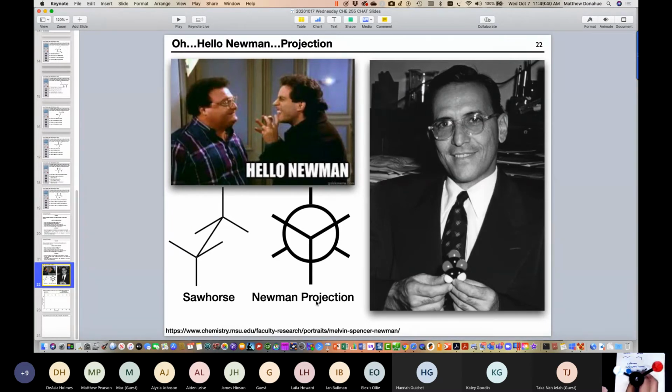And so what I'm showing you now is a model of just ethane, or maybe what I can do. So this might be more relevant.